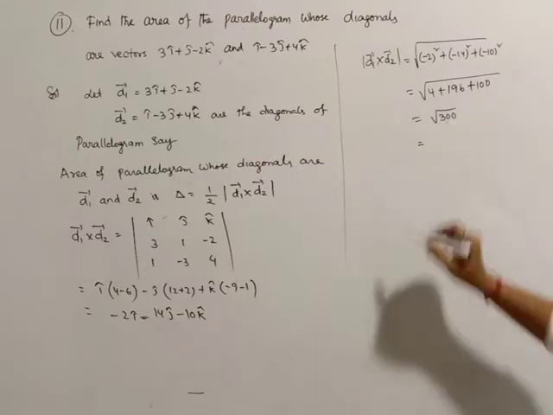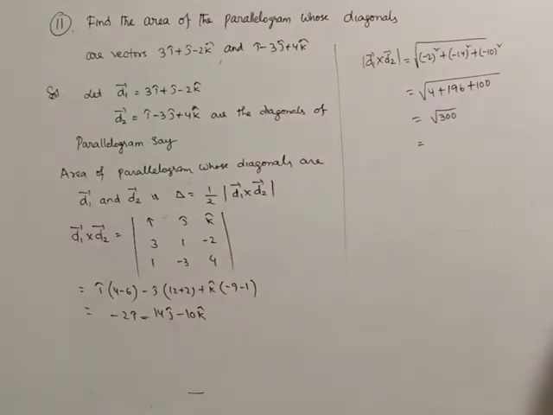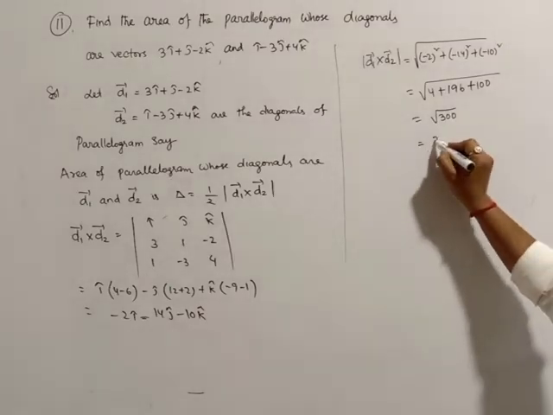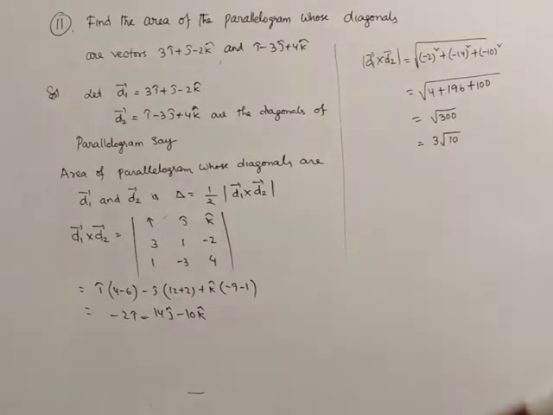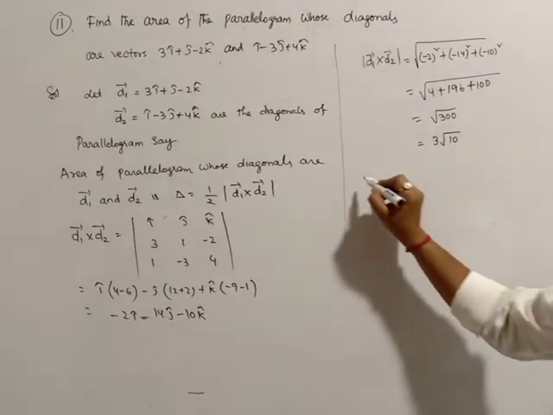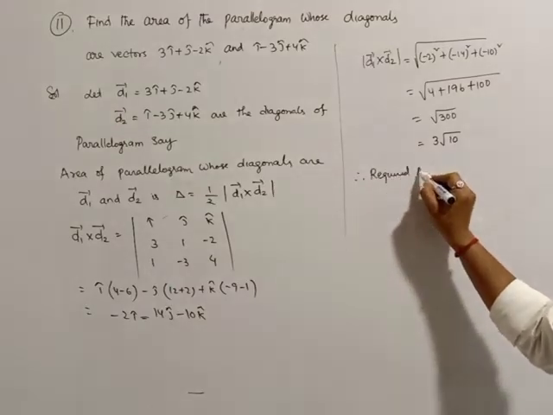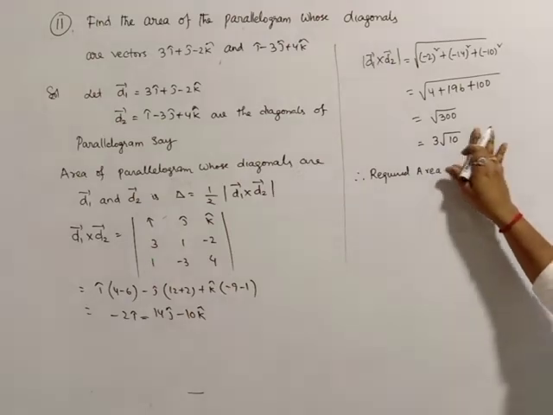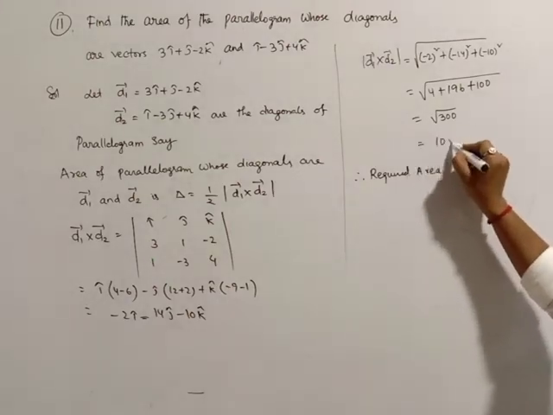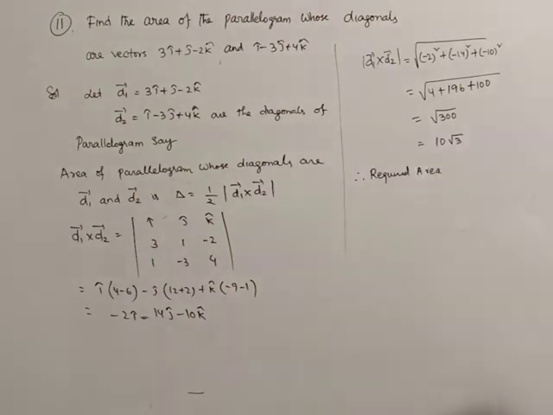How can you write root 300? Make a square: 100 into 3, that is 10 root 3.